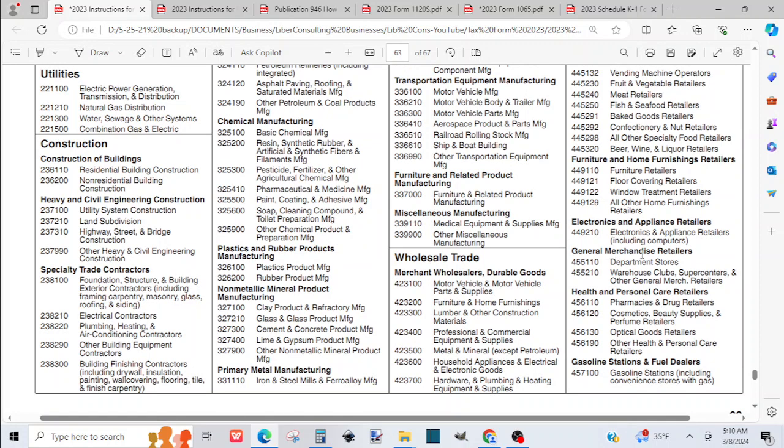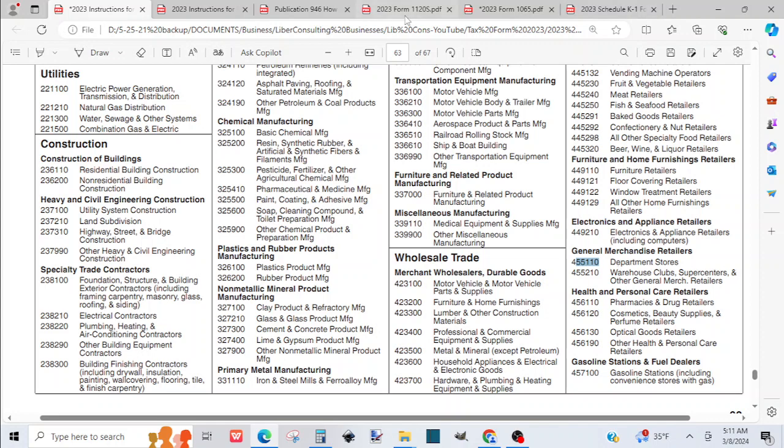So we have general merchandise retailer here, and then we have department store, warehouse clubs, supercenter, and other general merchandise retailer. Frankly, I like the one that says other. It's kind of broad, but again, department store is kind of broad as well, because department stores tend to sell different types of products. So we could use the first one in this example.